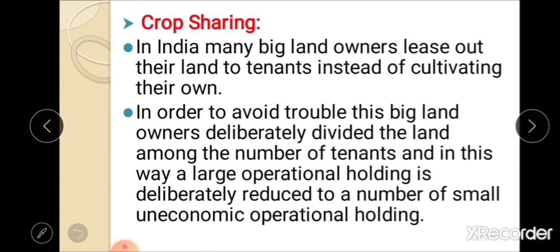So in order to avoid the trouble of cultivating such big land, these landowners divide the land among a number of tenants, and in this way the large operational holding is reduced to a number of small uneconomical operational holdings. So crop sharing is one of the major factors which is responsible for land fragmentation and subdivision.